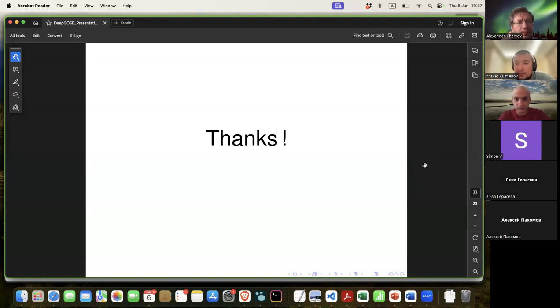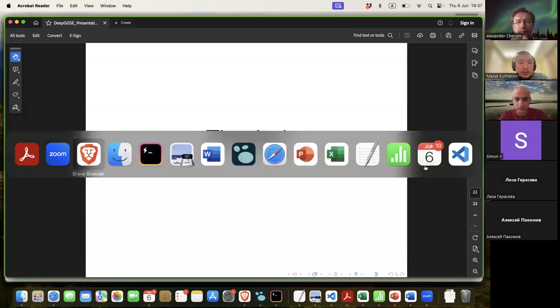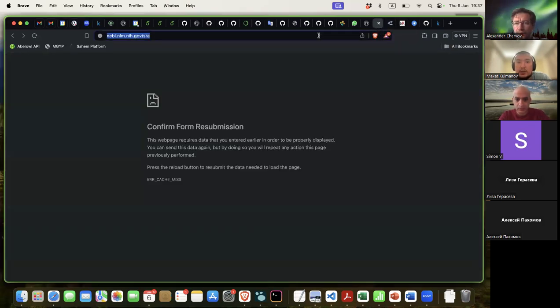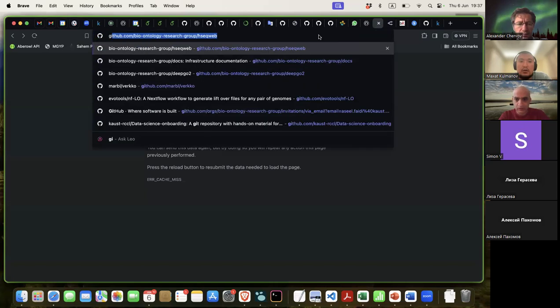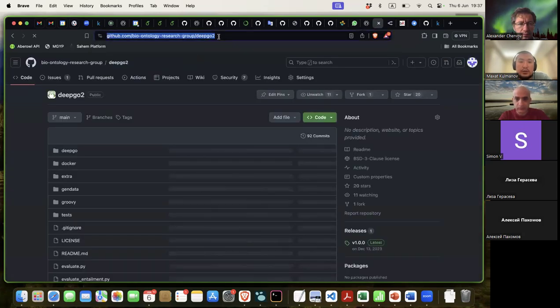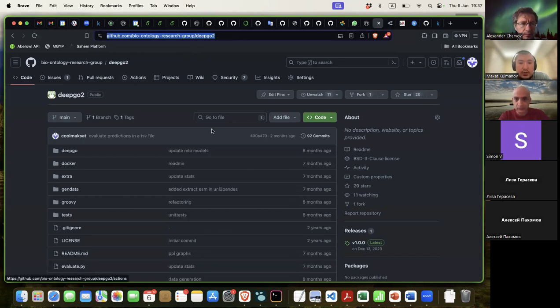But here the difference is that we represent concepts as n-balls, not as points. So the code is available, everything is online. This is the repository, and if you have any questions, just create issues here.